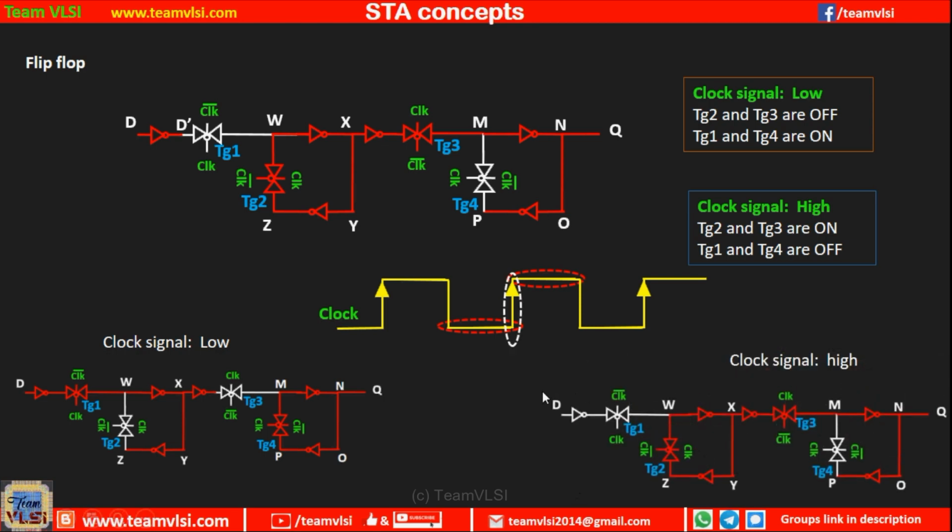So what is going to happen at this clock edge? In this clock edge, a transition will happen.